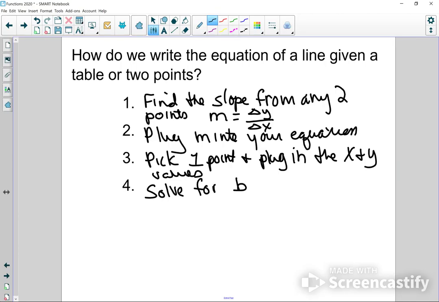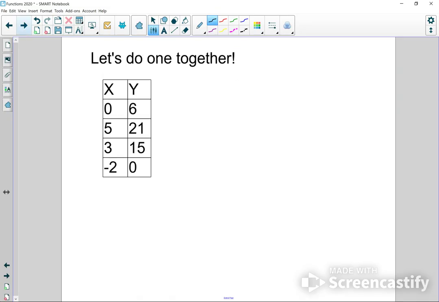Okay, so we're going to practice this a lot. Here we go. Here's our table, because remember we said we could do this with 2 points or a table. I'm going to pick any 2 points. What's my change in x? Step 1 was find the slope, right? To go from 0 to 5 on the number line, I went up 5.